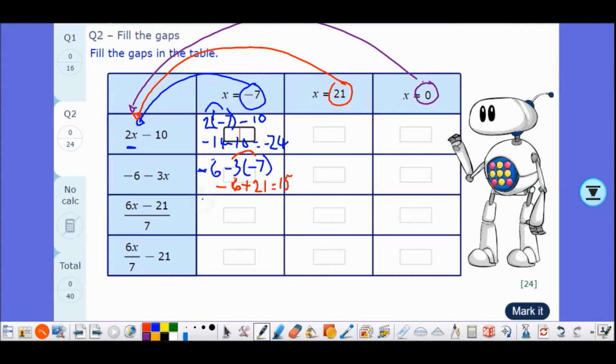Next, I've got 6 lots of negative 7, take away 21, divide by 7. So that's going to give me negative 42, take away 21, divide by 7, which is going to equal negative 63, divide by 7, which is going to equal minus 9.